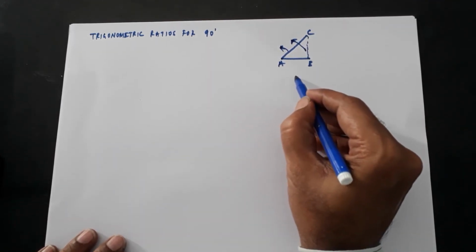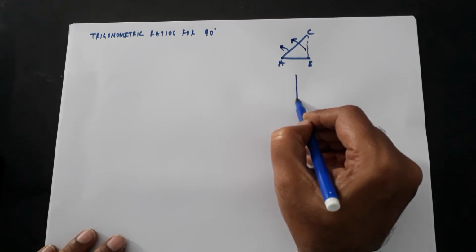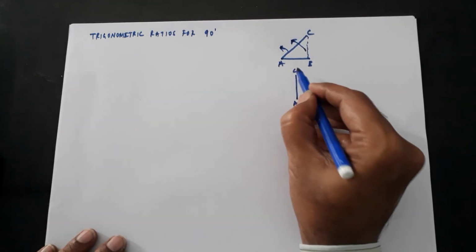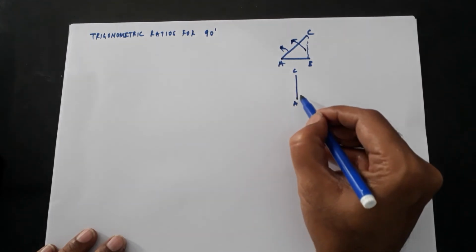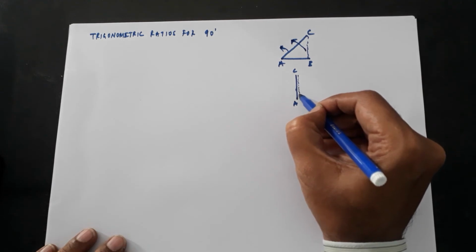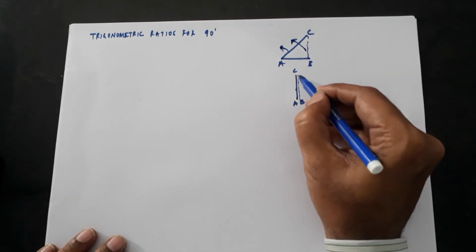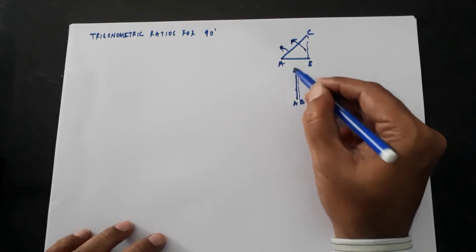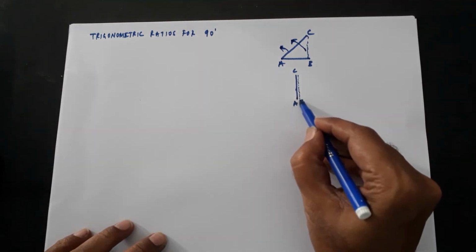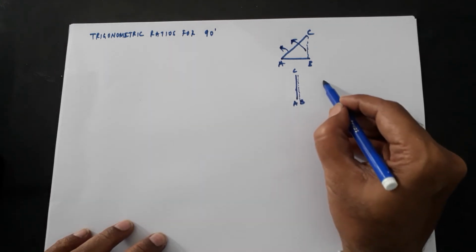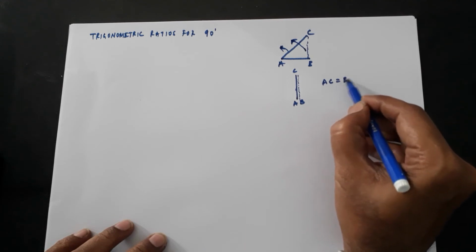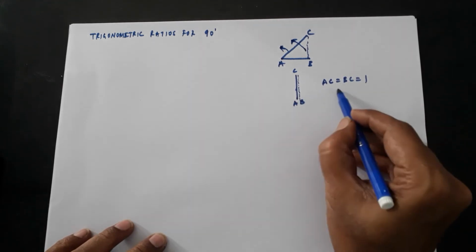How will it look? AC will be like this, because it should become 90 degrees, and BC will be like this. AC, BC, here 90 degrees. Here AB has become 0. So if we take AC equal to BC equal to 1, AB is 0.